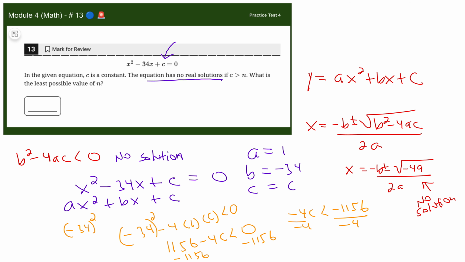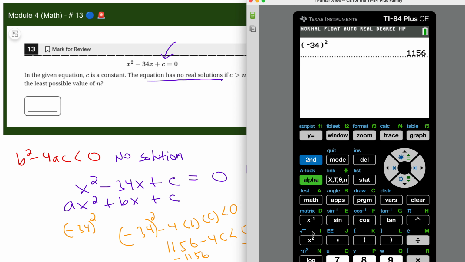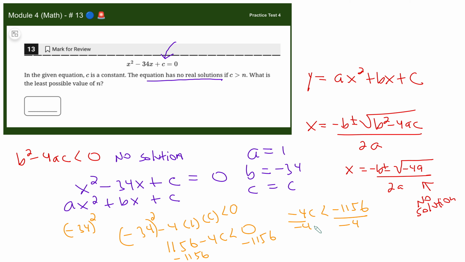A negative divided by a negative is positive. 1156 divided by 4 is 289. Since we're dividing by a negative, we have to flip the inequality. So c is greater than 289.